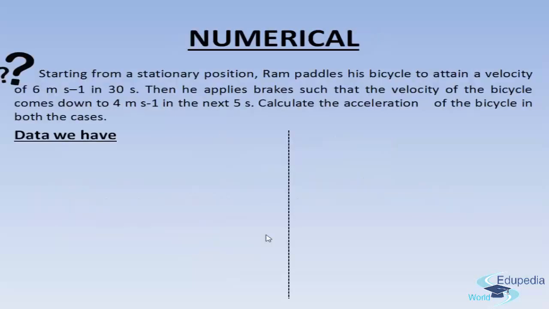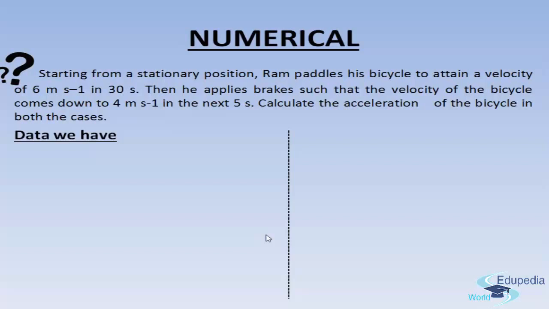Now let's check out a few numericals, and with these you will be able to understand more clearly what acceleration is. The question is: starting from a stationary position, Ram pedals his bicycle to attain a velocity of 6 meters per second in 30 seconds.